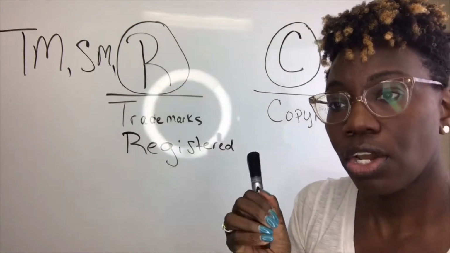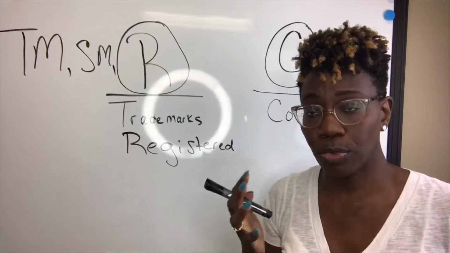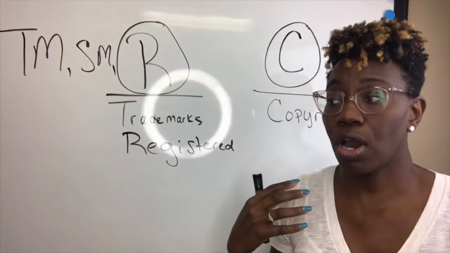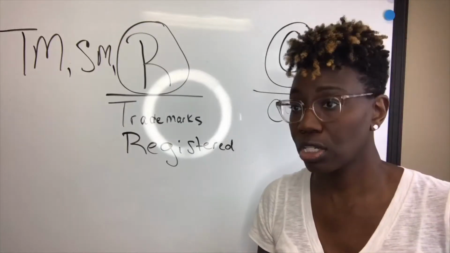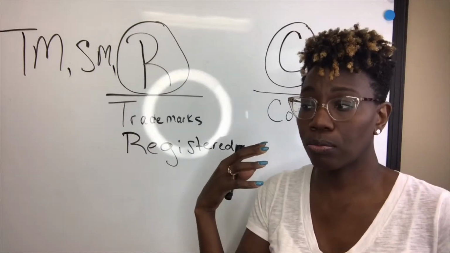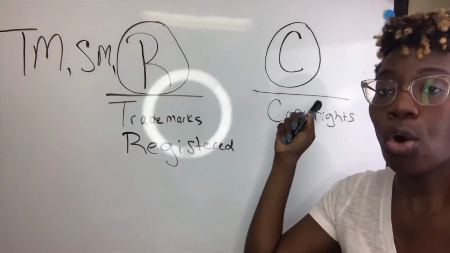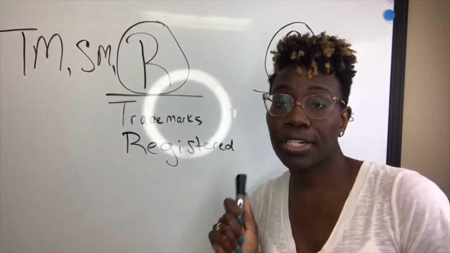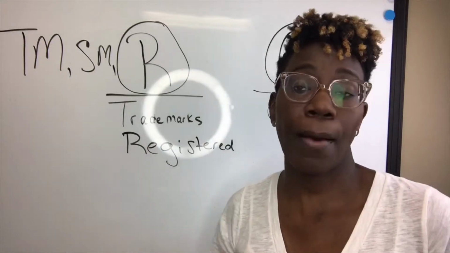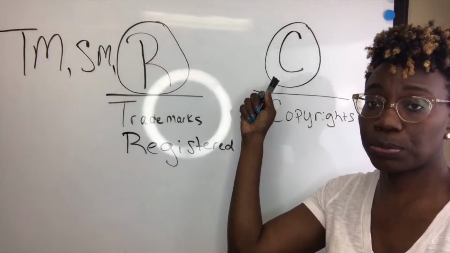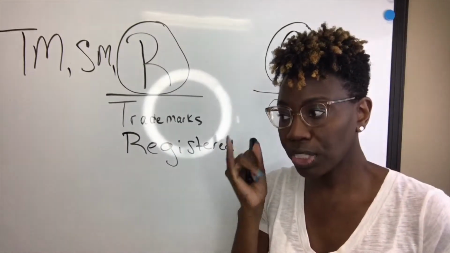Copyrights protect original works that are in a fixed, tangible form. If you've written a book, produced a course, wrote a poem, music, film, taken a picture, you can use this C whether or not you have actually registered your work with the Copyright Office. This puts people on notice that your work is protected by copyrights. And it's really good to do so.